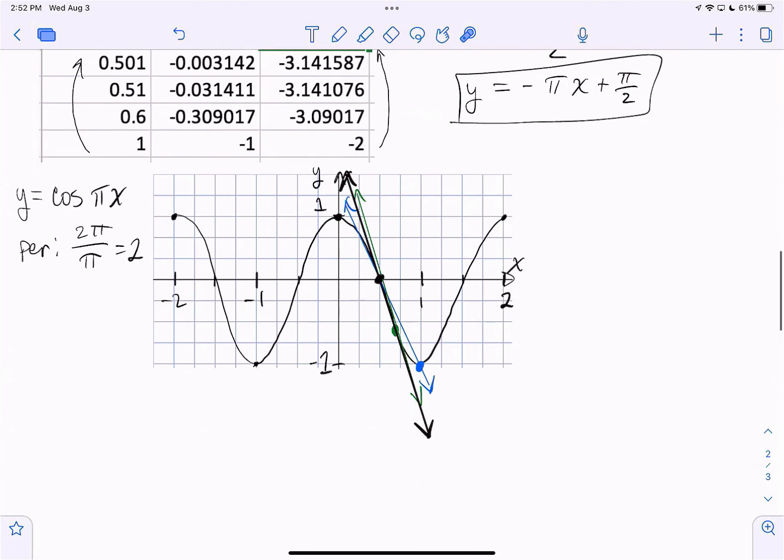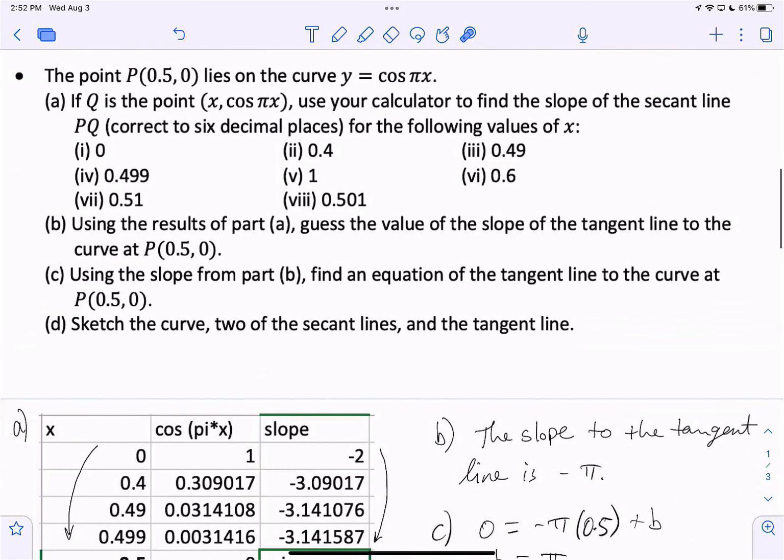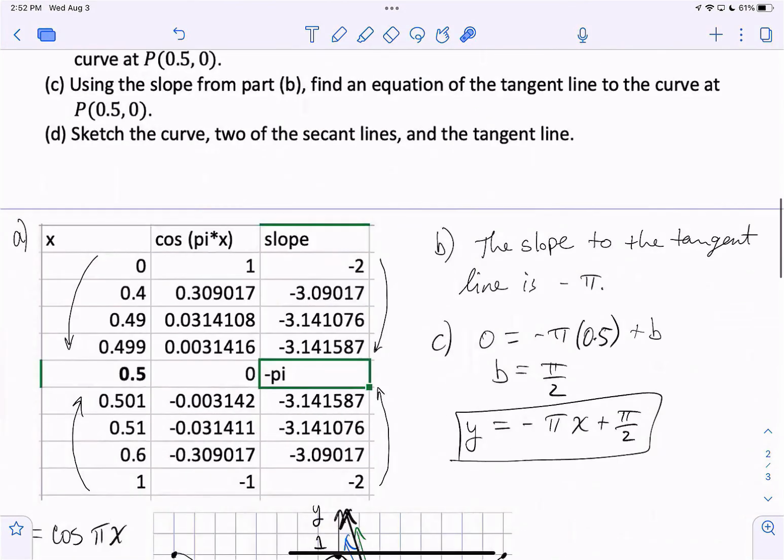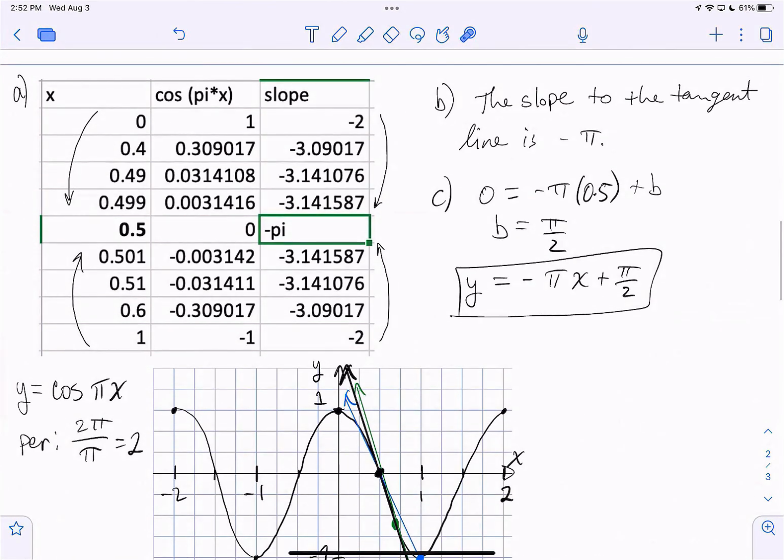Now I'm going to expand on this just a little bit. Let's suppose that the curve that we were given, y equals the cosine of pi x, was the position of some particle. Then the slope, being change in y over change in x, would be given in distance divided by time, right?